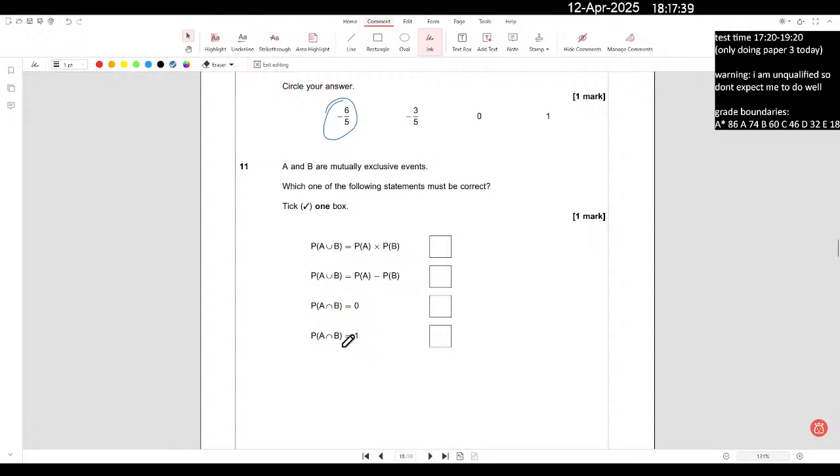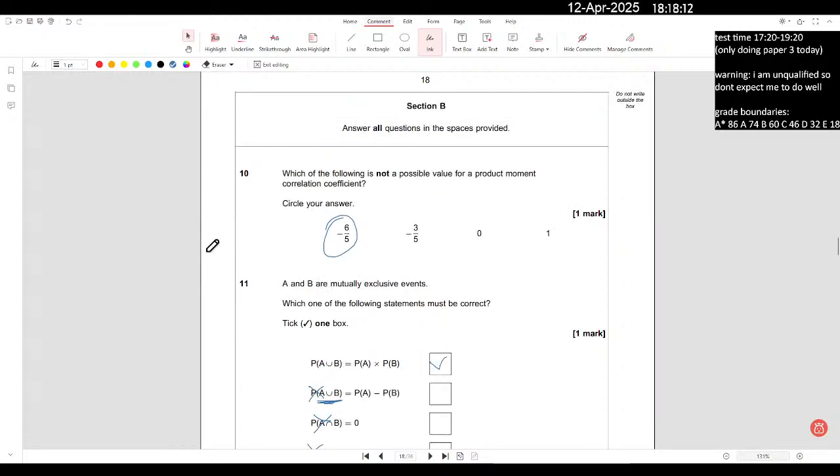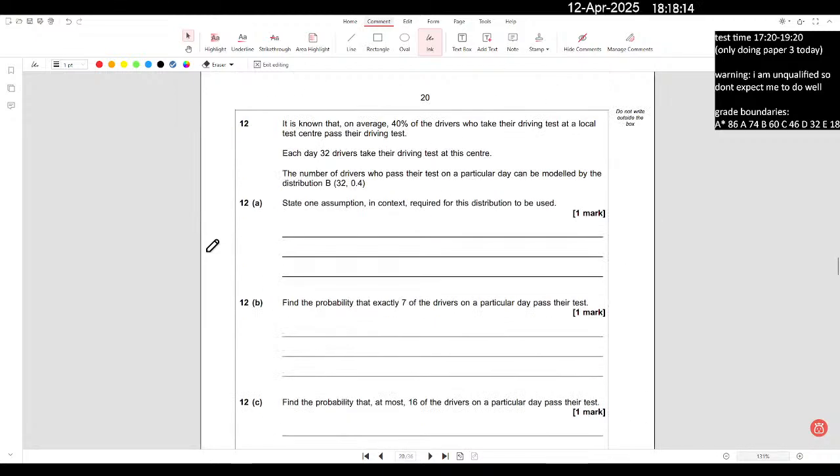I think it means the probability of one event is not based on the probability of the other event, so they don't influence each other. I don't think this is correct, or this. What about this? No way this is right. This is a union, how can it be negative? I mean minus. Yeah, I think that's the right option. Oh crap.